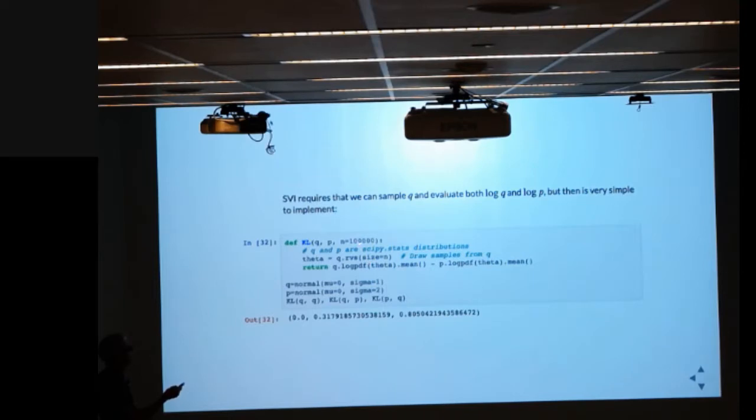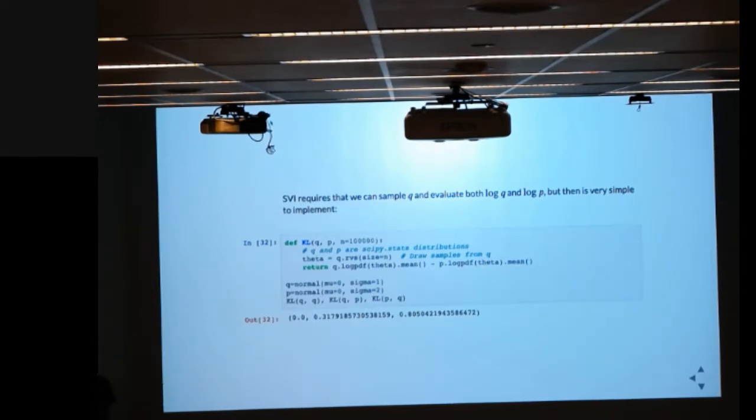So I just draw 100,000 values of theta. And then to calculate this numerical estimate of the KL divergence, at all of those Qs, I calculate the log of the PDF of Q, take the average of that, and subtract the log of the PDF of P at each of the random points and take the average of that.